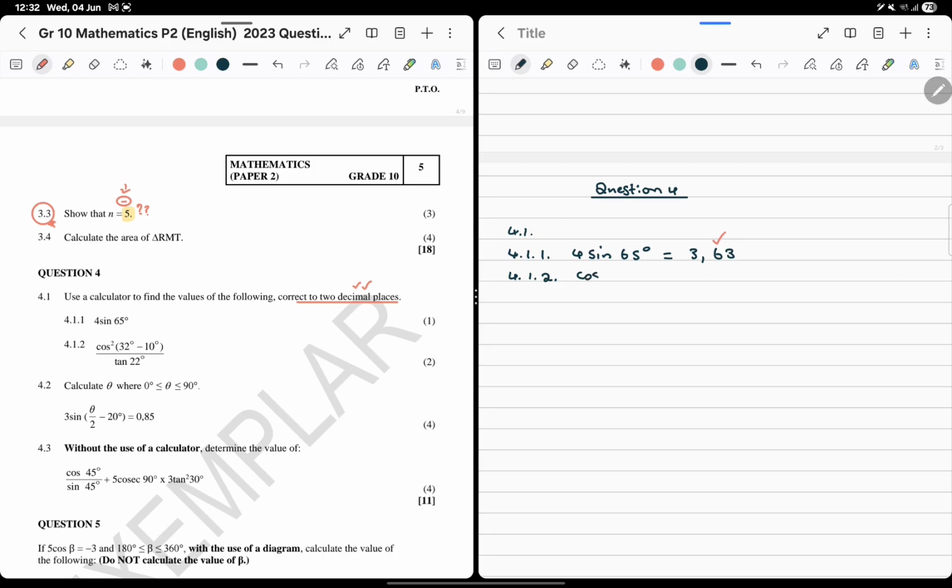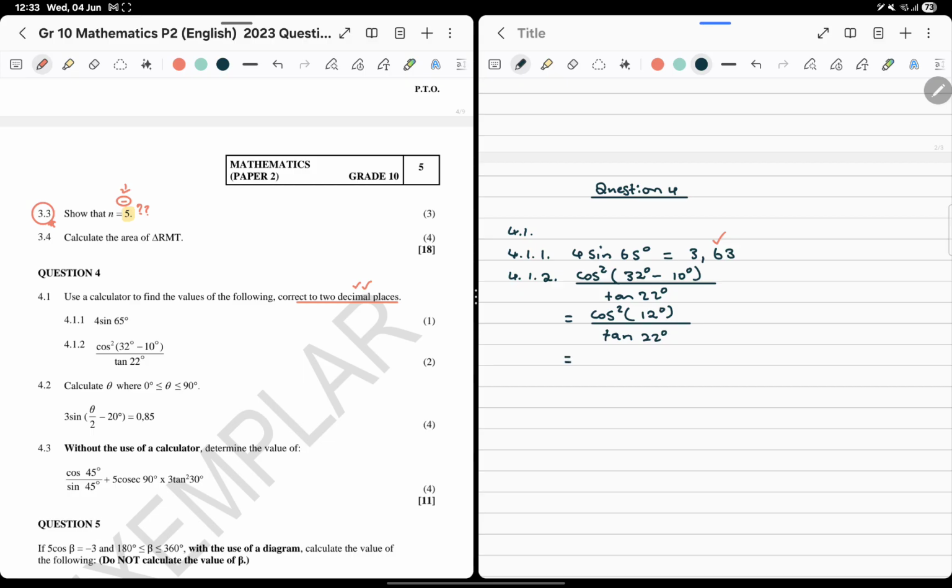4.1.2, we've got cos squared of (32 degrees minus 10 degrees) divided by 22 degrees. Okay, so this is easy. We just first simplify here. We get cos squared 32 minus 10 is just 12 degrees divided by 22 degrees.